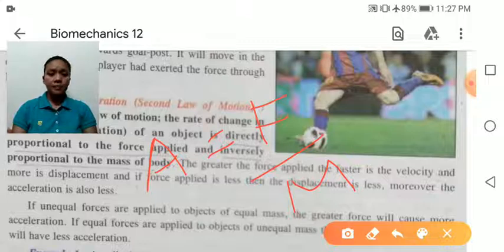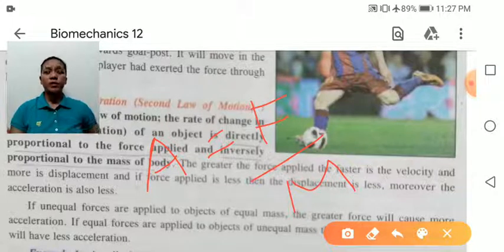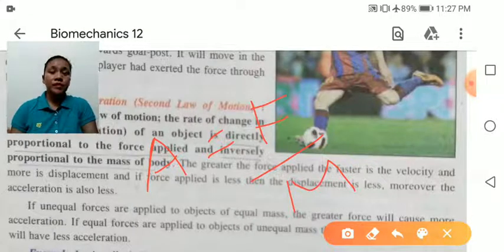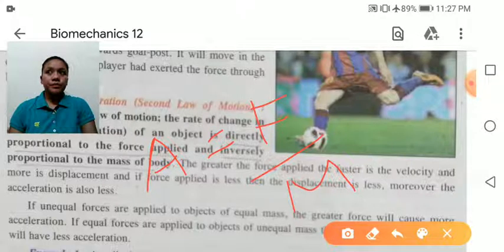And if the mass, the weight of the object, is different, then more force is required for this displacement.